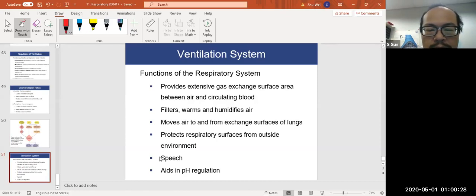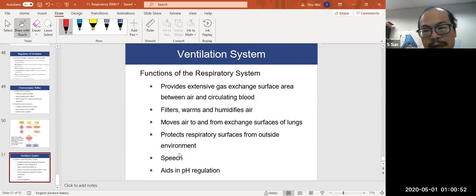It also protects us from the outside. This protection involves the mucus, so if there is any virus or bacteria, they will have to go through this mucus in order to enter our body.